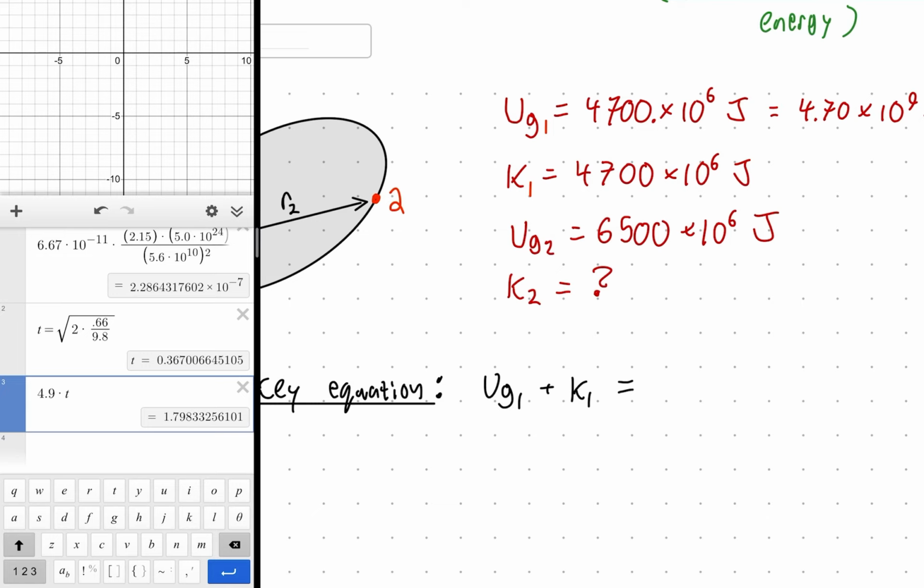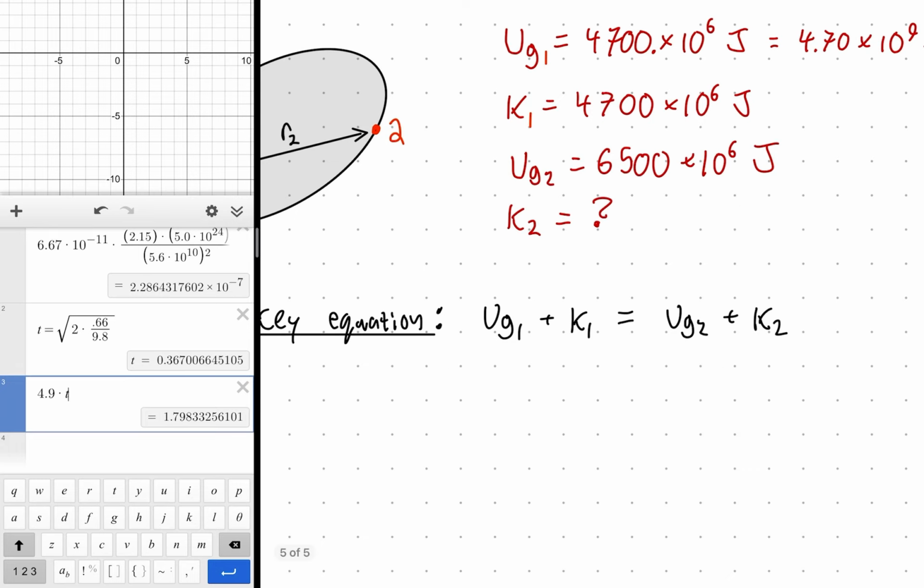So that means that by the time we get to point 2, we'd have UG2 plus K2. And we simply solve for the one value we don't know to make sure that this equation is balanced. Because you think of it like a scale and you have to keep it balanced. There has to be the same amount of energy. The amount of potential and kinetic varies, but their sum doesn't. Okay? So let's go ahead and put in our numbers here.